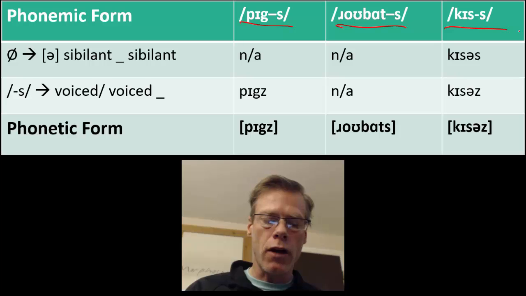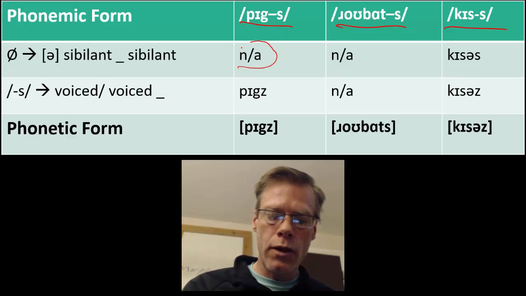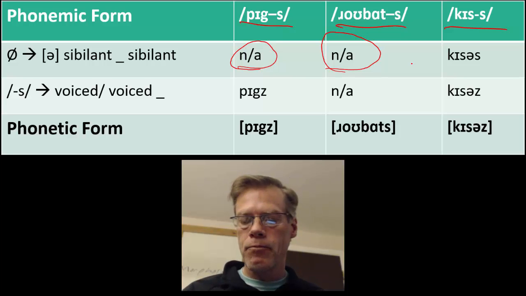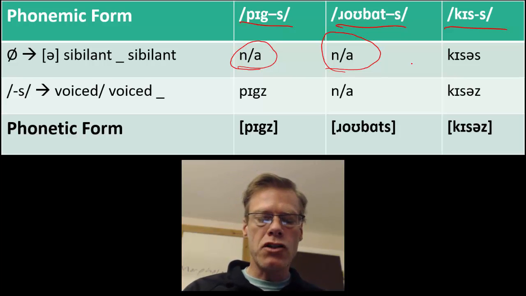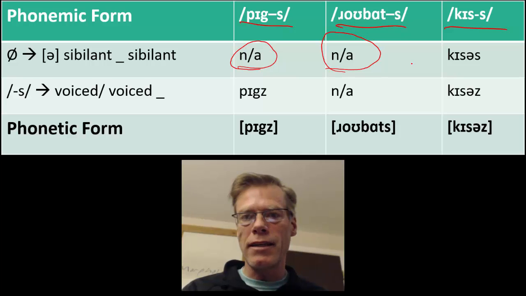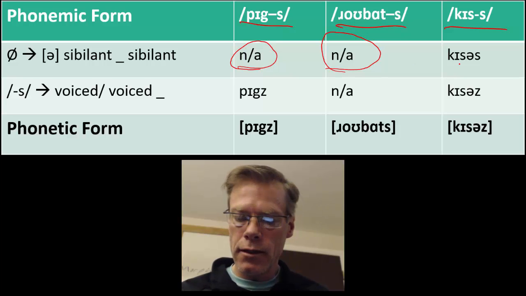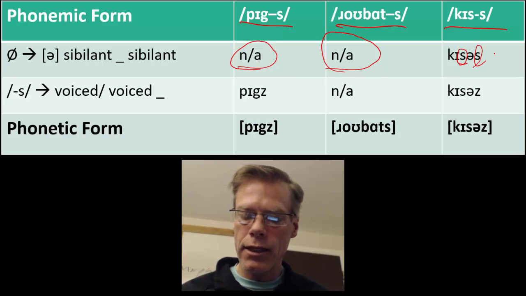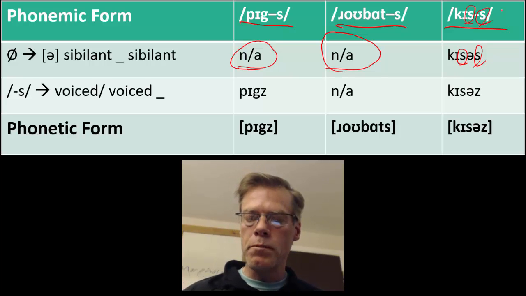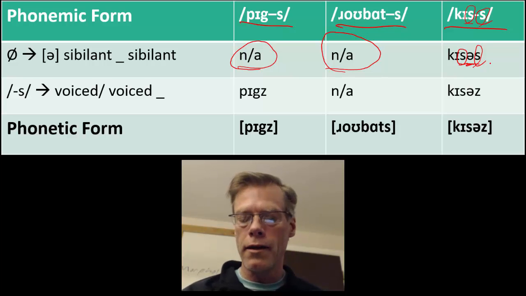And then we look at our first rule, and we find that for pigs and robots, it's non-applicable because there's no sibilant immediately preceding that s. However, in the final one, we get a sibilant here and a sibilant here, which means then that we need to insert that schwa.